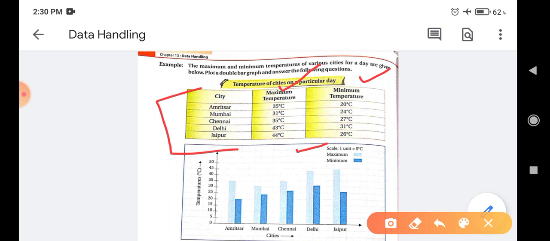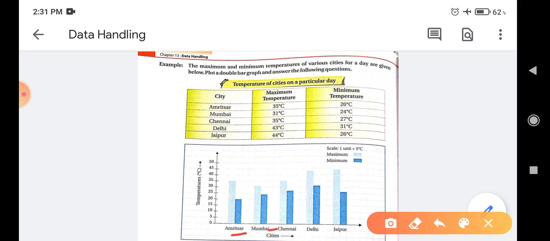Scale is 1 unit is equal to 5 degrees Celsius. Maximum temperature is represented by light blue color and minimum temperature by dark blue color. On x-axis we have taken cities, on y-axis temperature. The cities are Amritsar, Mumbai, Chennai, Delhi and Jaipur.